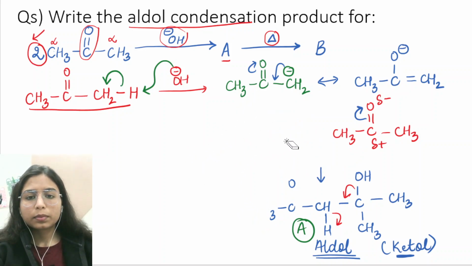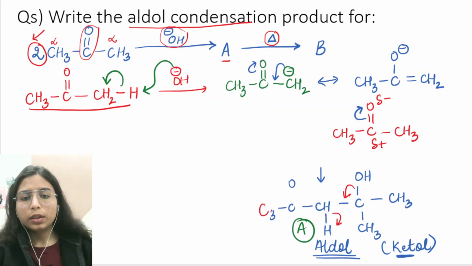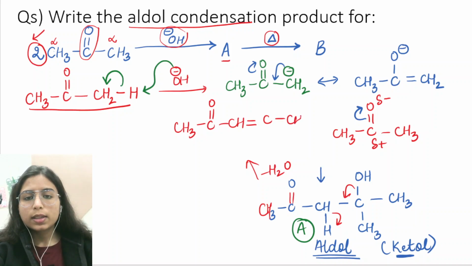So here you have CH3 C double bond O. Okay, so once you remove the H2O part, that is minus H2O, then you will get CH3 C double bond O, CH double bond C, CH3 and CH3.